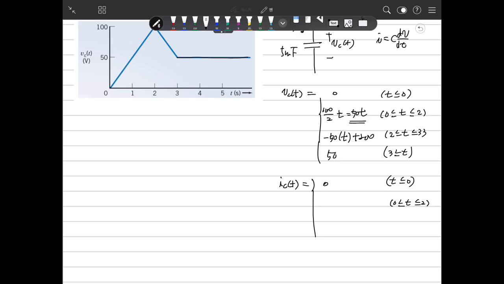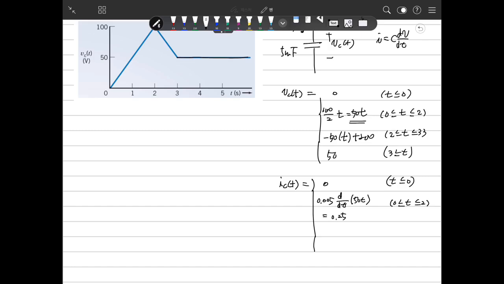Then there will be 0.005 and d/dt of 50t. So how much is it? There will be 0.25.